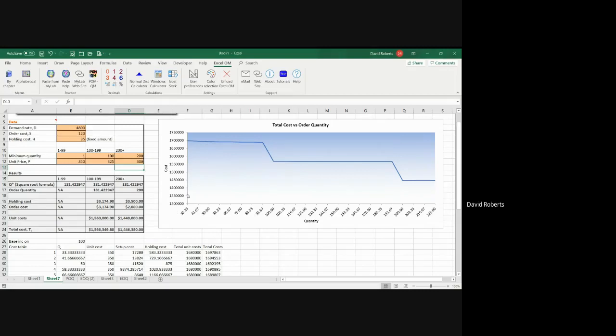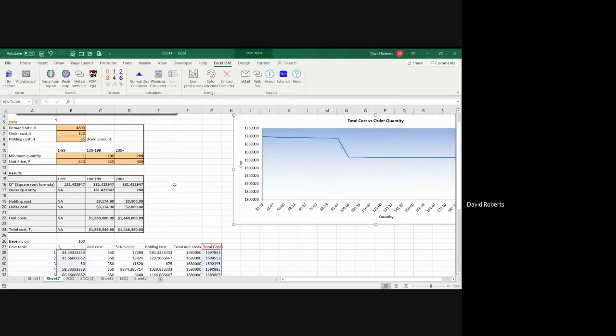So the answer for A is 200 units, and $1,446,380 will be their cost.